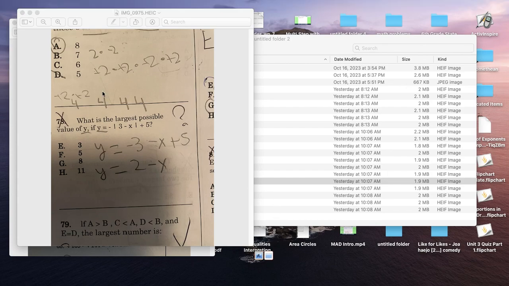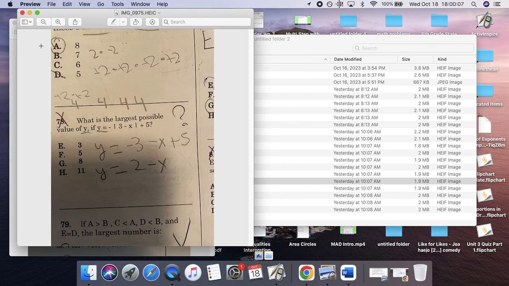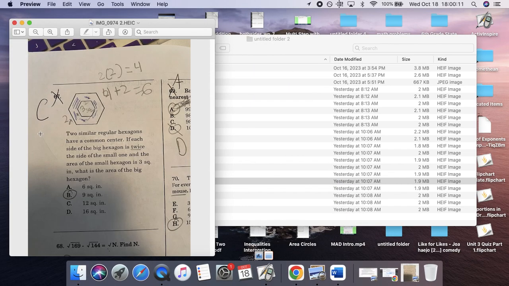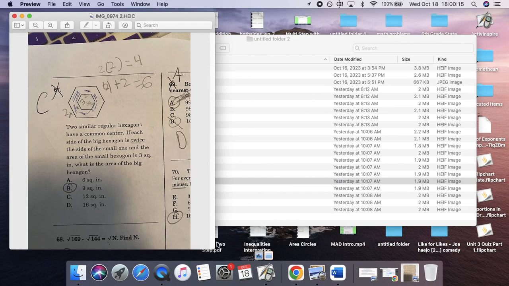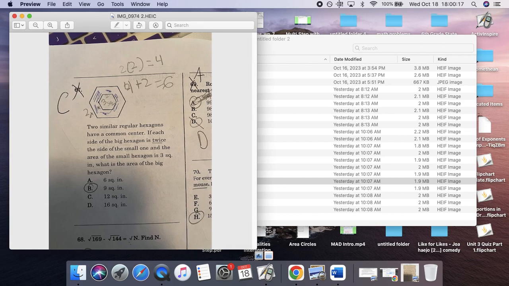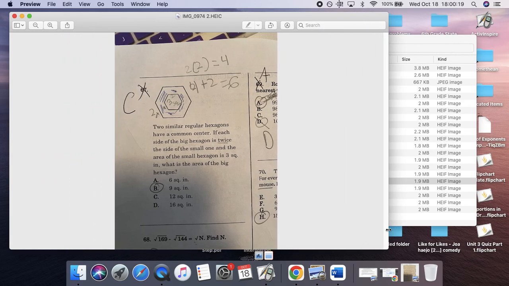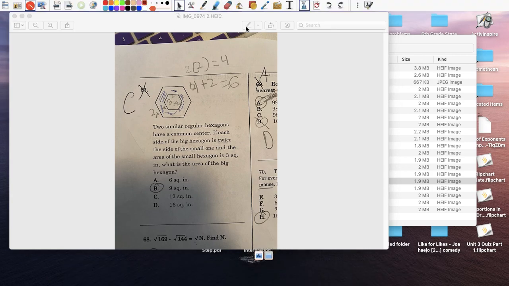Again, if you haven't seen equations involving absolute value, this is definitely something that makes it difficult. And then this one, ugh. So yes, you could have broken it up, and it just happens that it worked for me when I broke the hexagon into 3 parallelograms, right?